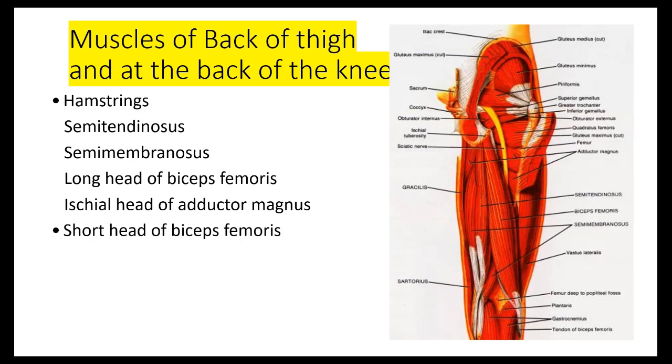So moving on to the muscles at the back of the thigh and therefore at the back of the knee, you have the hamstrings. The hamstrings are proximally attached to the ischial tuberosity, and it has two components, the medial hamstrings and the lateral hamstrings. The medial hamstrings has two muscles, the semimembranosus medially and semitendinosus laterally at the proximal attachment.